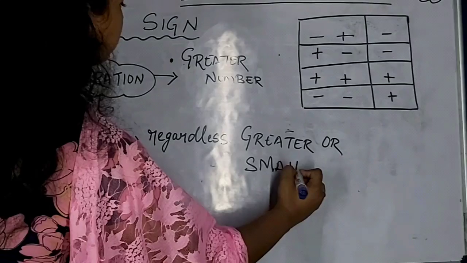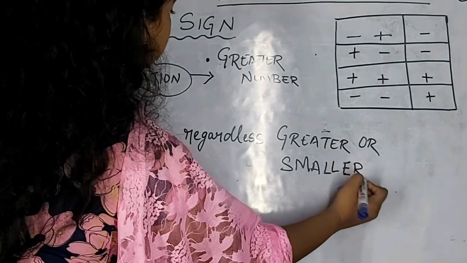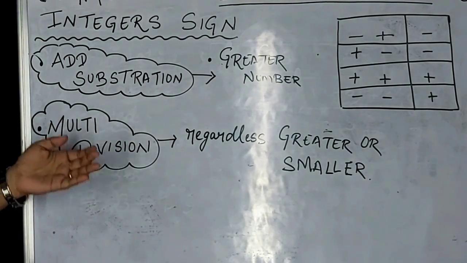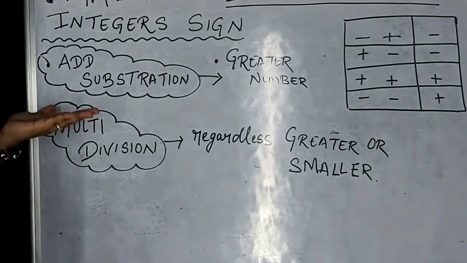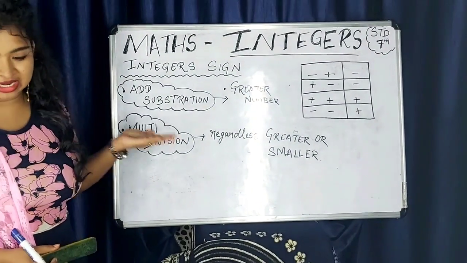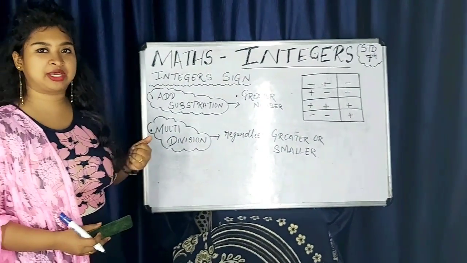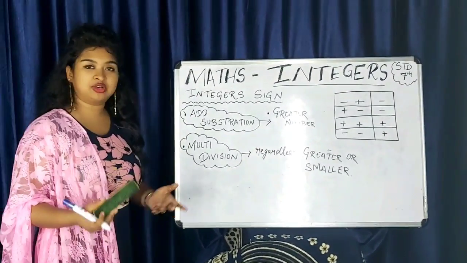So everybody note it down very clearly and understand this very well. So what is the integer sign and how it is different in addition and multiplication or subtraction or division.